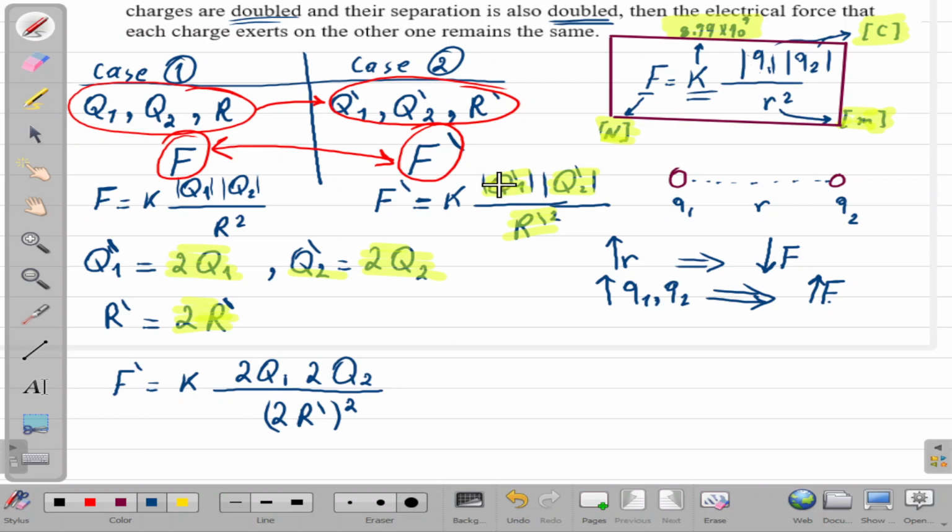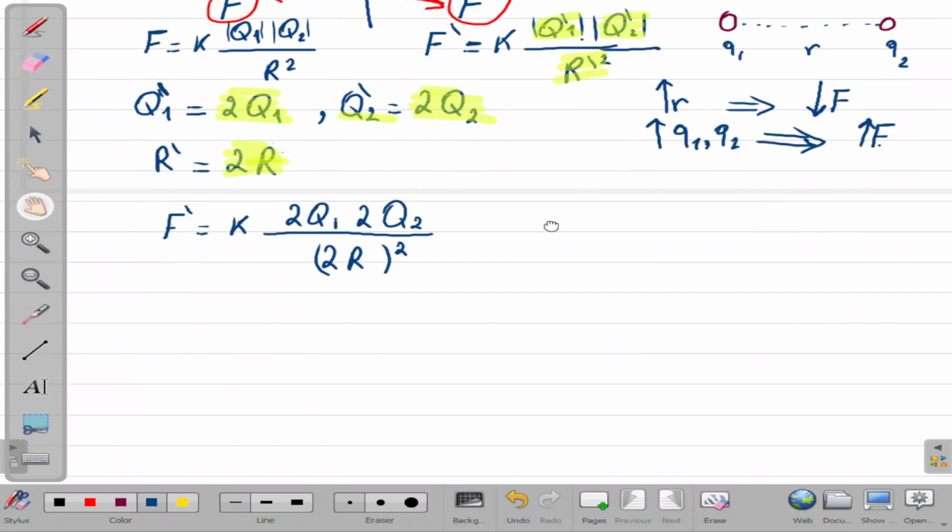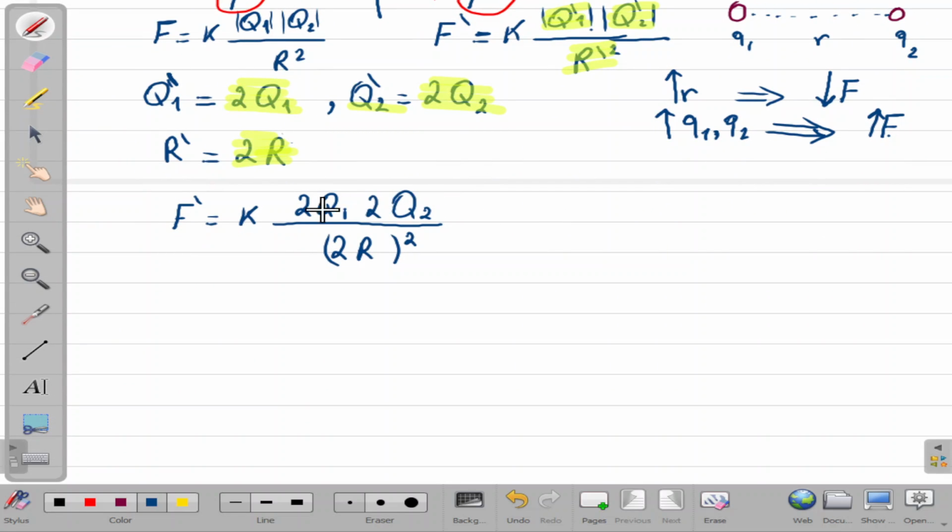One more time. What we did here is we replaced Q prime 1 by 2Q1, Q prime 2 with 2Q2, and R prime with 2R, because the old distance is R, not R prime. Now, remember that the operation between 2 and Q1, and 2 and Q2 is multiplication.